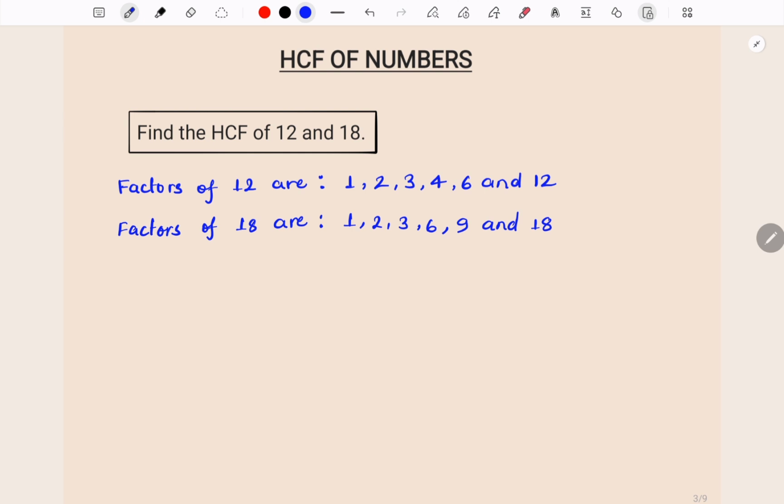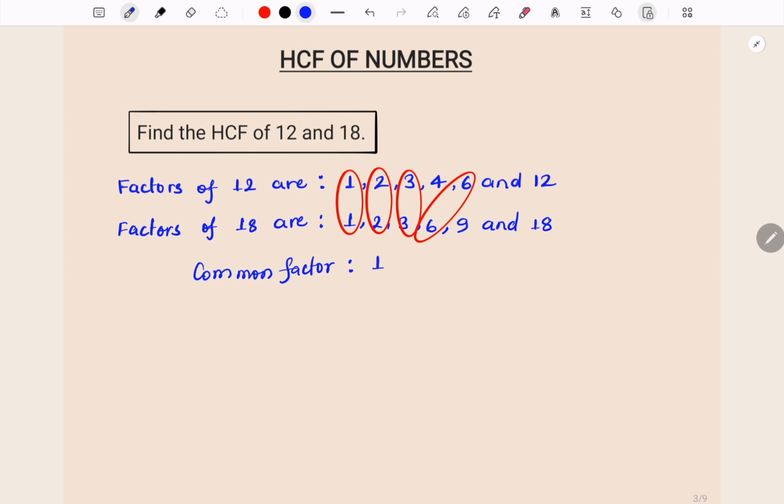Now we look for the common factors. If we scan both the lists, we can find that here 1, 2, 3, and 6 are common factors. So let me just write them down.